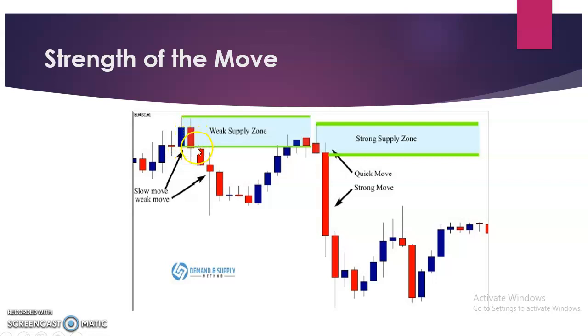When price began to move to the downside, you can see there were a whole lot of rejections too along the line as price was going to the downside. That's still telling you that the supply zone over here is the weak one, because look at these candles, they are small bodied candles.